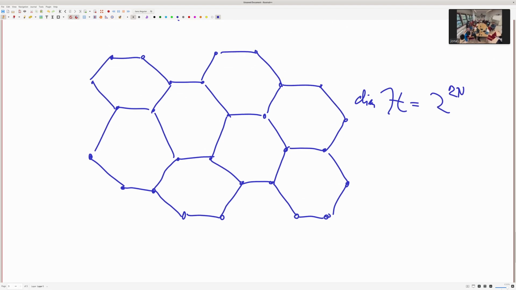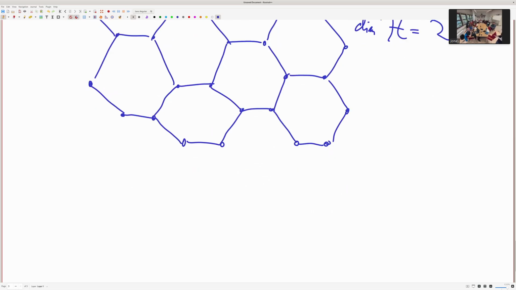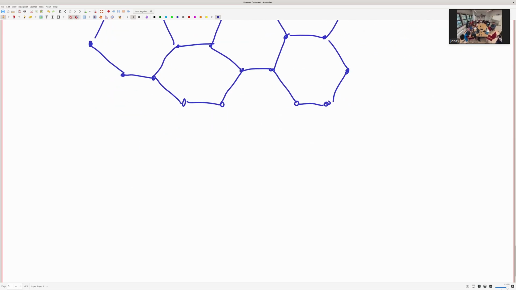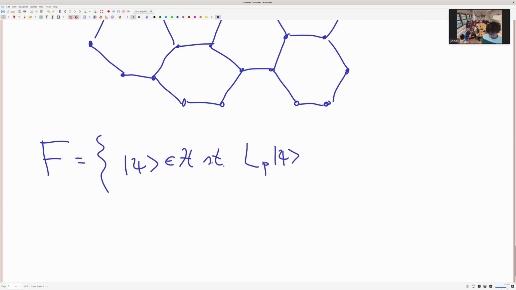And in particular, I will care about a subspace of this Hilbert space, which I might as well introduce now. I call it F. You can guess why. It is basically the states in this H such that L_P acting on the state gives the state, for every plaquette.